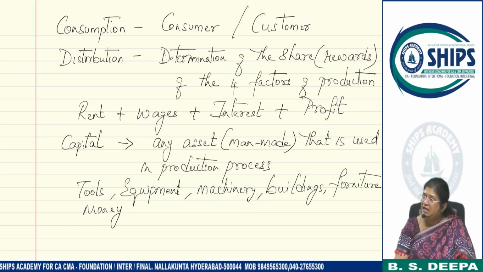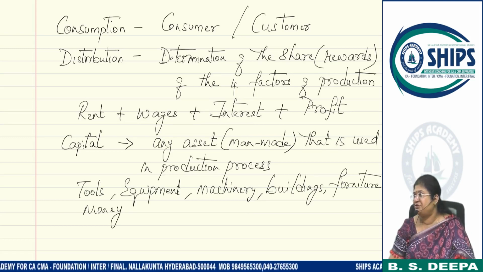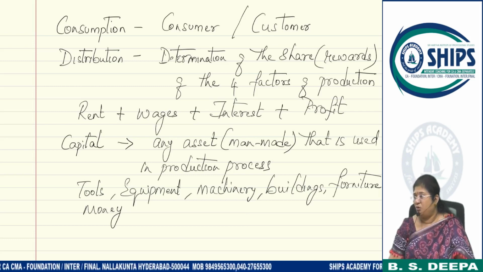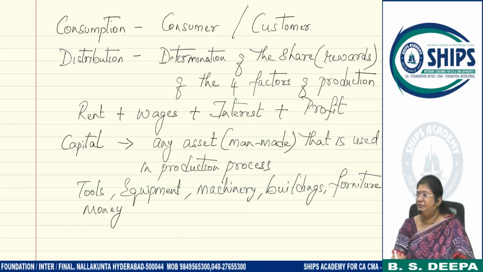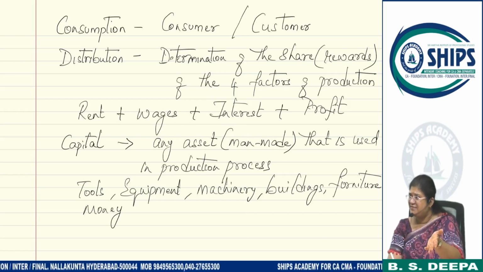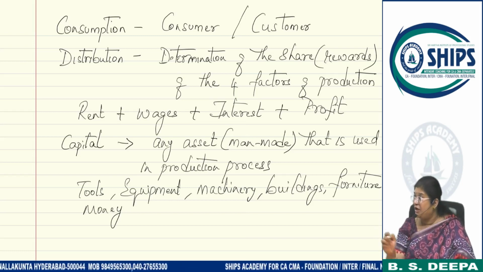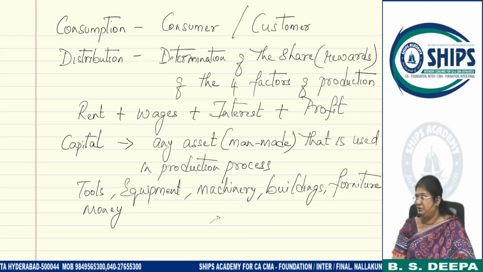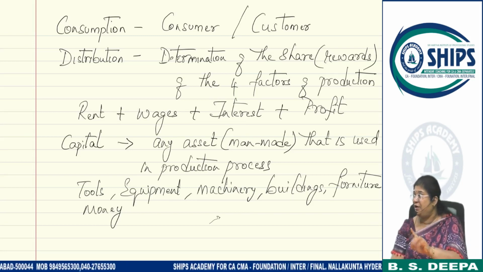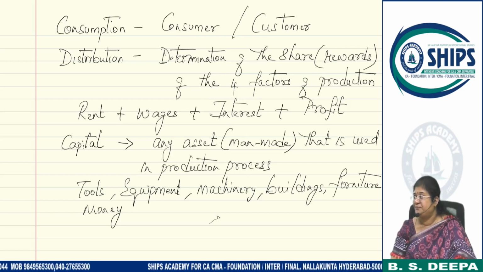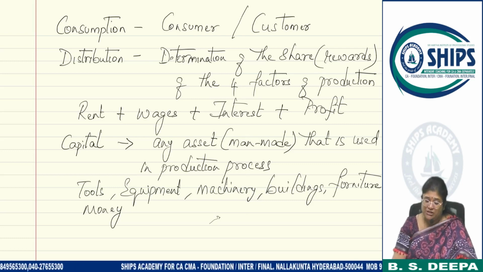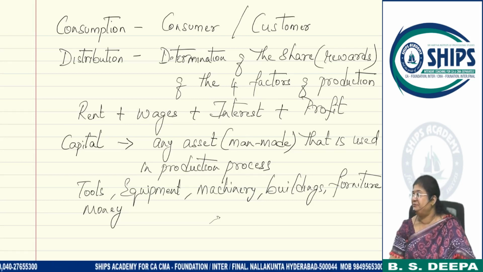All of these are termed as capital in economics. With the money that you have, you can convert that into any asset which will help you in the production process. That particular man-made good is what is called capital. It should be man-made. It is not a free gift of nature. So that is what you mean by capital.